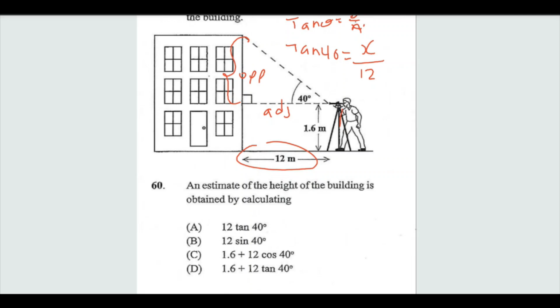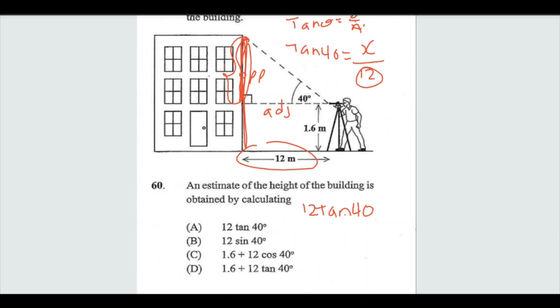So x will be equal to 12 tan 40, and that will just give you the height for this piece here.